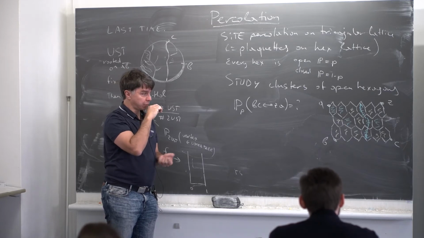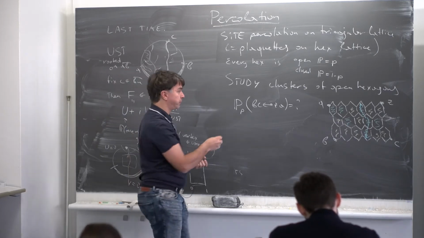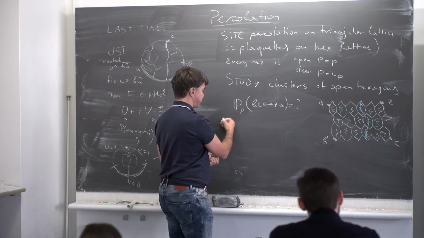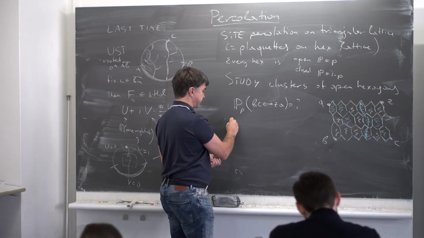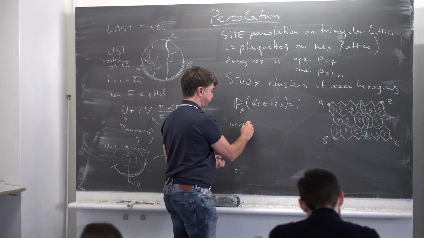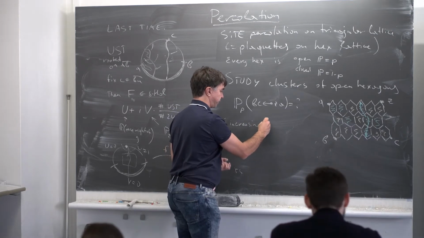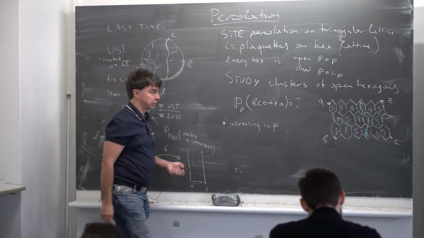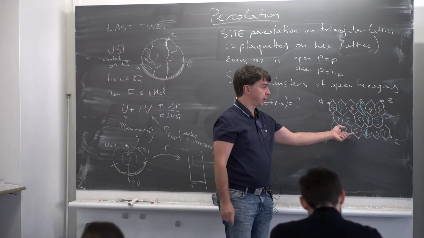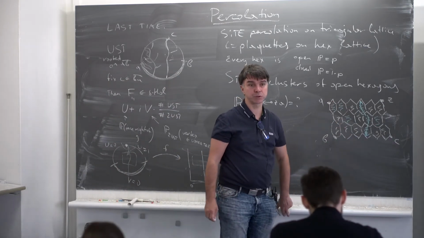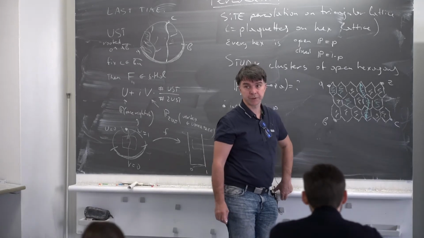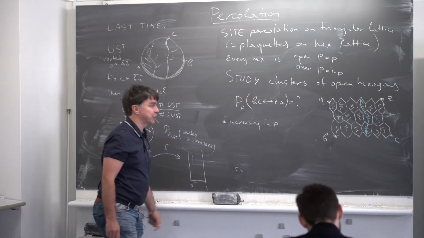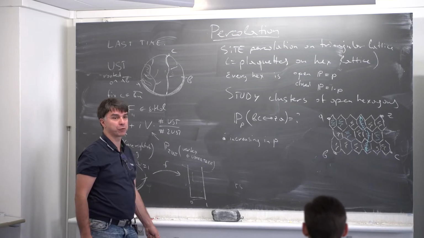So there are a couple of observations. The first observation is that this is increasing in P, because the bigger is the P, the more open hexagons you have. An exercise is to give a rigorous proof of that.